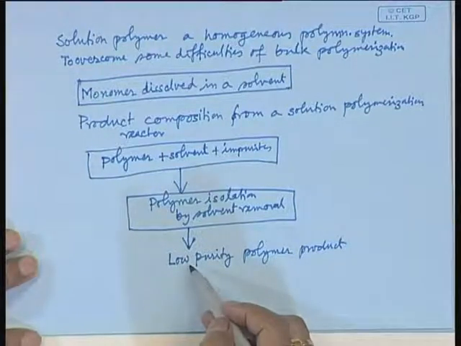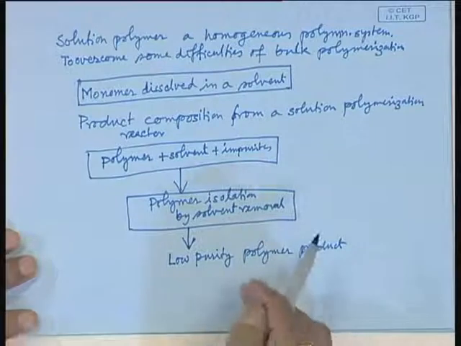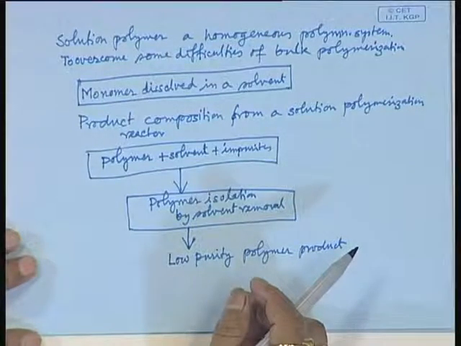Apart from this thing, if we do not need to isolate the polymer from the solution, we can directly use it. Say the polymer is manufactured for the purpose of surface coating, the paint industry. For the paint industry, we can synthesize the polymer by the solution technique.